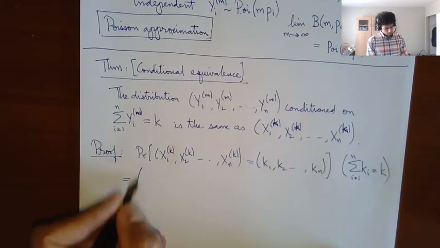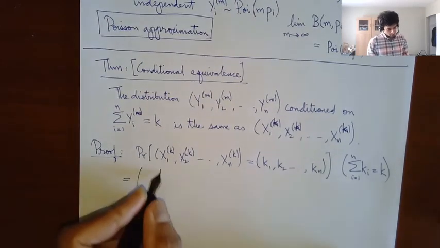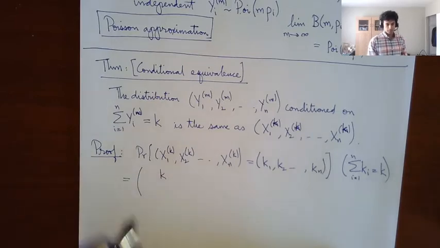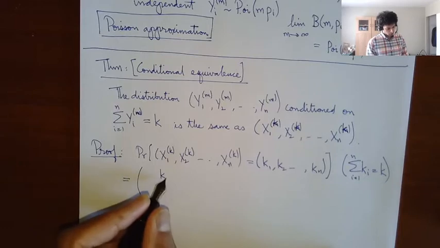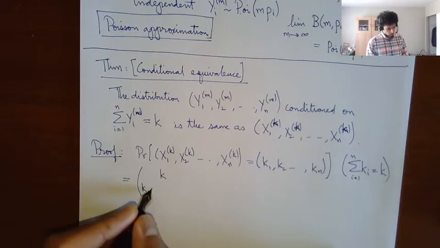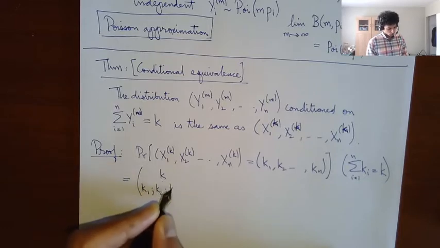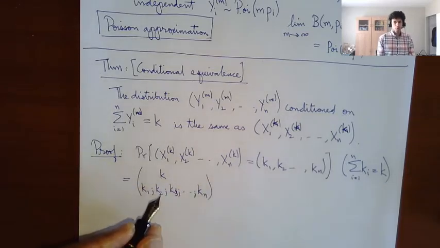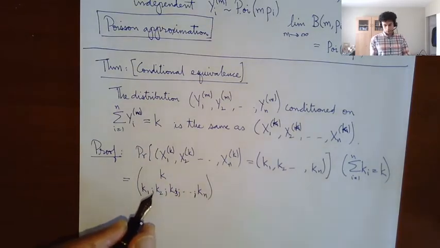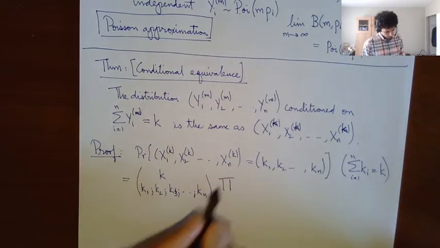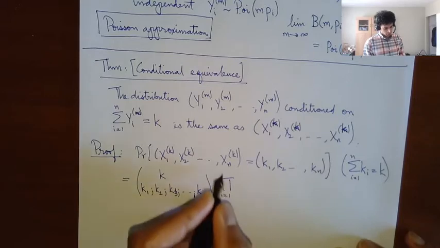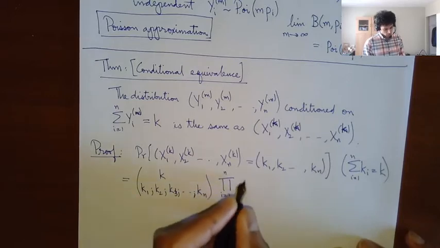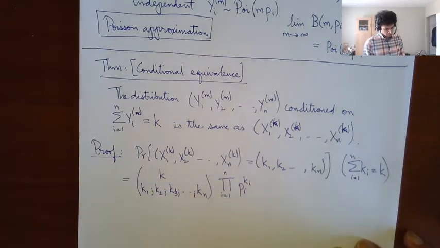And this is basically a general binomial coefficient, where you did k draws. So choose k1, k2, k3 up to kn, so you're choosing which of the draws led to which bins, times the product over i going from 1 to n of pi to the power ki.